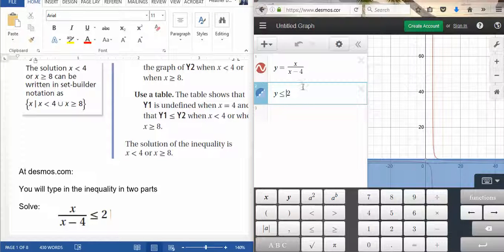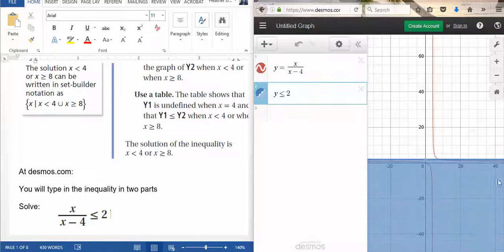We graph the right side and the left side separately on here. Because if this is y, x over x minus 4, then x over x minus 4 is less than or equal to 2, is what this says. So we graphed it in 2 parts. And what we get over here is this hyperbola.